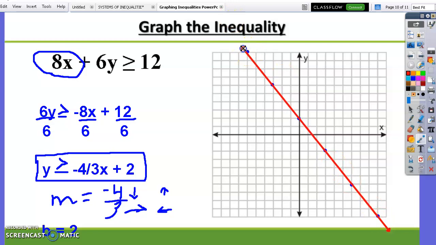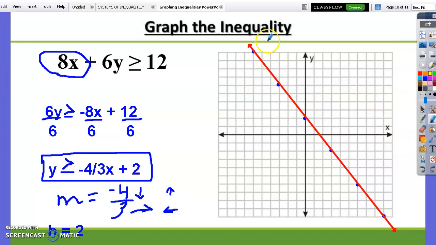Okay. It is greater than. So if I have greater than, when I put my hand over this line, so I'm going to take my right hand and put it over top of this line, if it's greater than, you shade above it. So above my right hand is all of this area right over here.